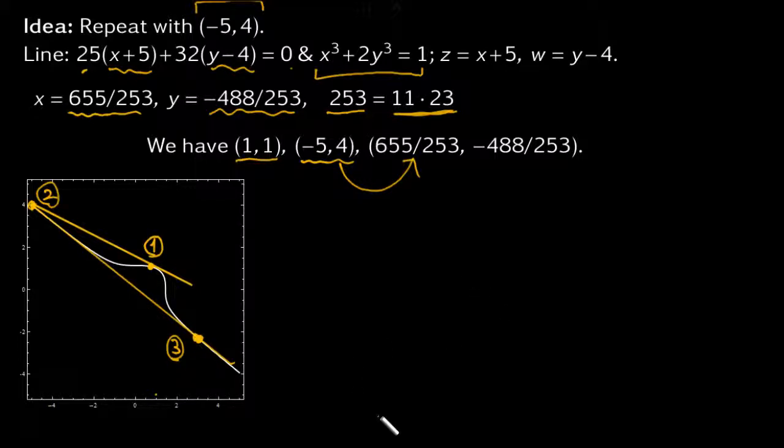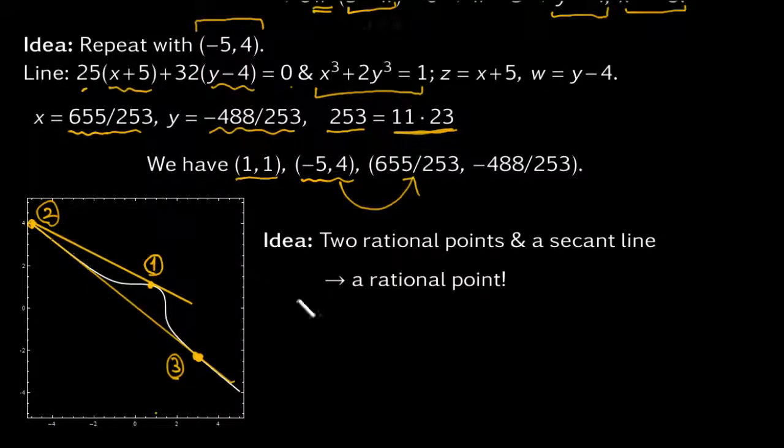Right, now we have 3 points, and here's a new idea. If we have these 2 rational points, not this one and that one, since 2 is a part of the tangent line for this line and that line. If you look at this 1 and 3, they're not part of the same tangent line. So the 2 rational points we have here come from different tangent lines.